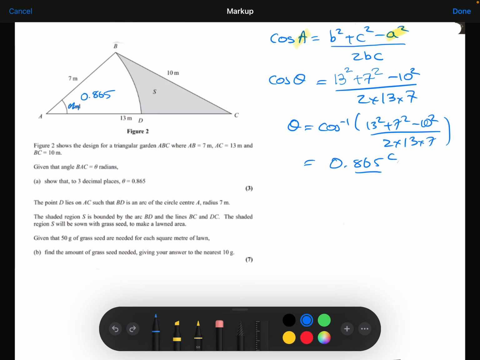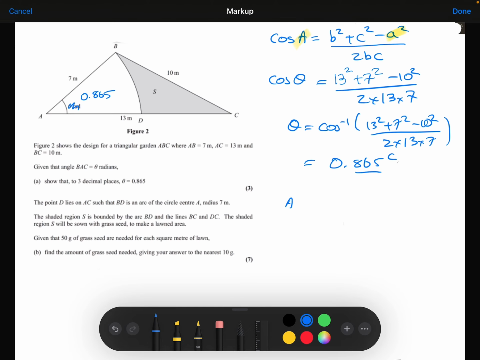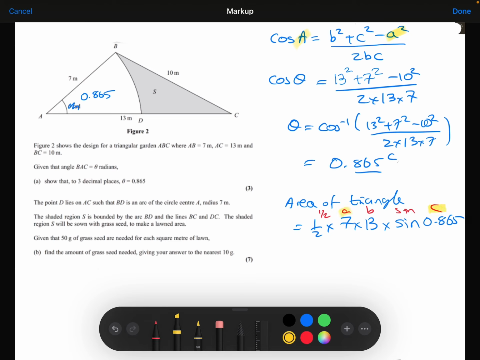So, area of the triangle, we can use half AB sine C to do this. So half A, which will be 7, times B, which will be 13, times sine of the 0.865. Remember, when you use the formula half AB sine C, the C has to be the angle that's in between the B and the C. So my 0.865 is in between the 7 and the 13.